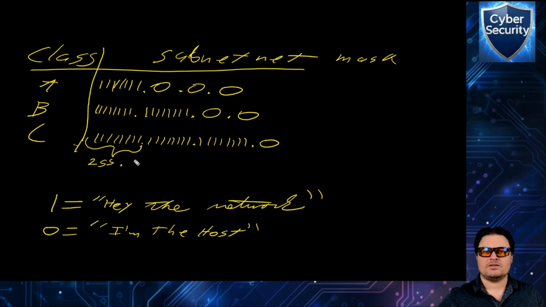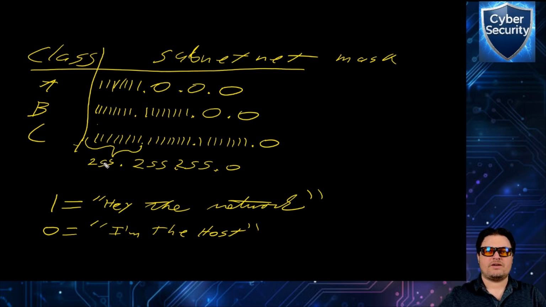So this would technically be 255.255.255.0, and this will be your C. Now for A and B, as you can see, you just use the 255 for the first octet, and you've got 0, 0, 0 for the remaining.